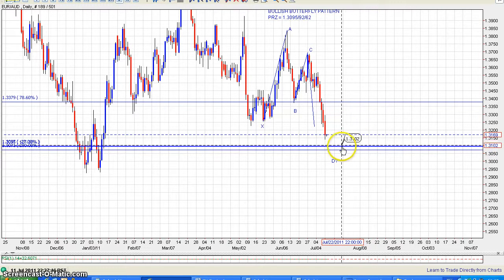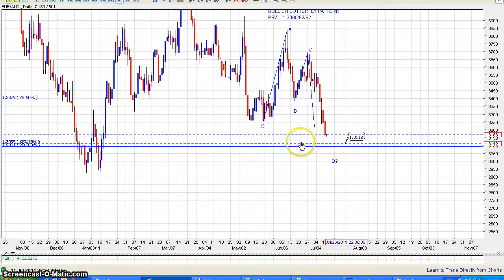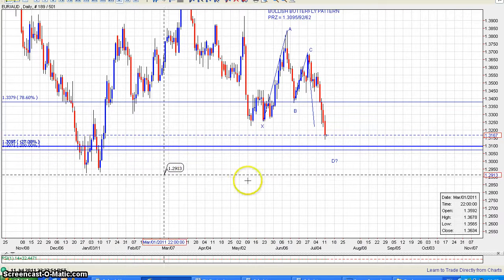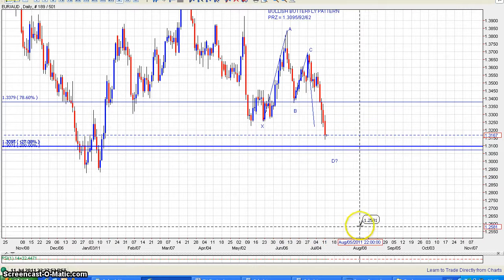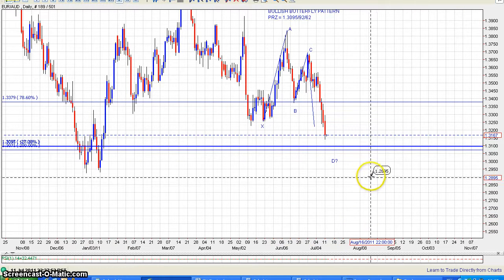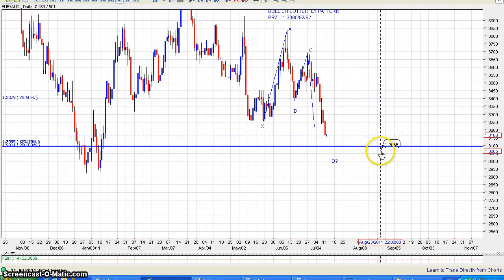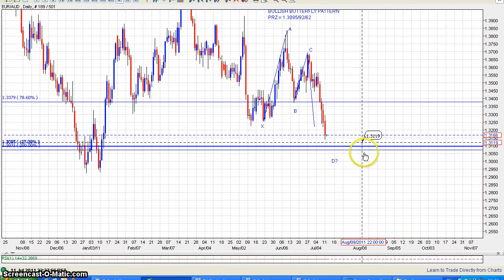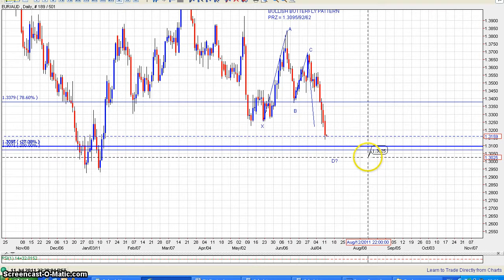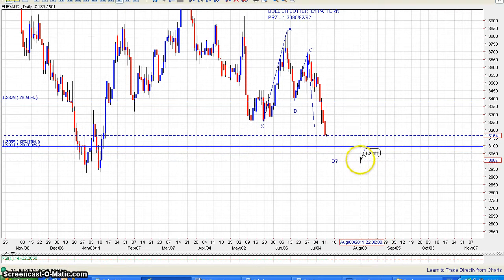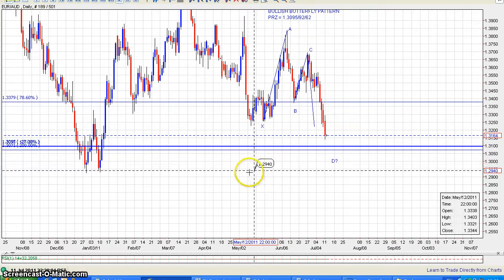So if this level is breached, I would expect this low to be taken out as well, and price should move much further down. So my bias is long, I'm placing an entry level to the upside, but if price manages to close below this level, I want to find reasons to go short and just ride the trend. So that's it.